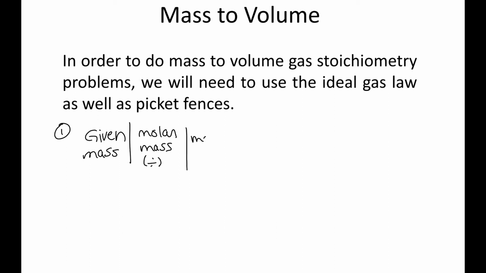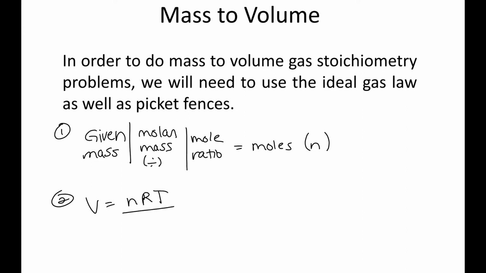And then you're going to do your mole ratio. Once you do this picket fence, this comes out to be moles, which is N in your ideal gas law equation. And you're trying to calculate volume, so it's nRT over P. So you're going to take this number that you calculate in number 1 and put it into number 2.